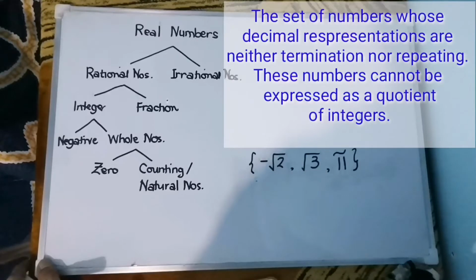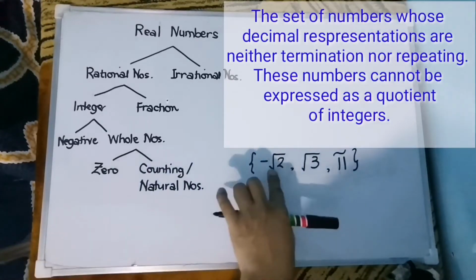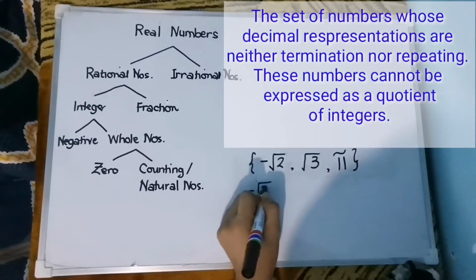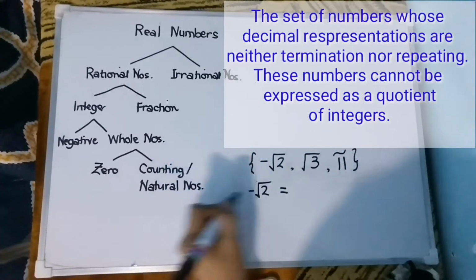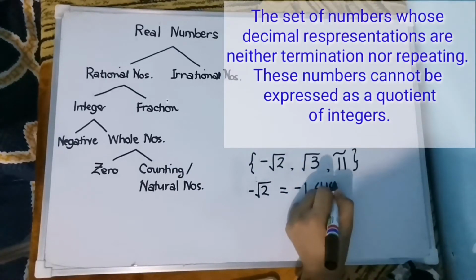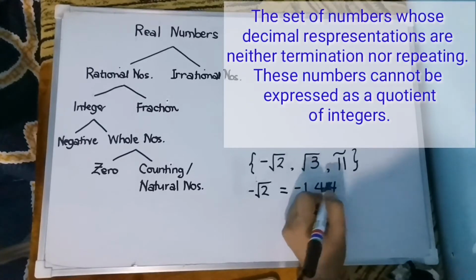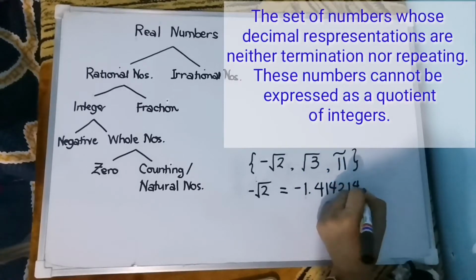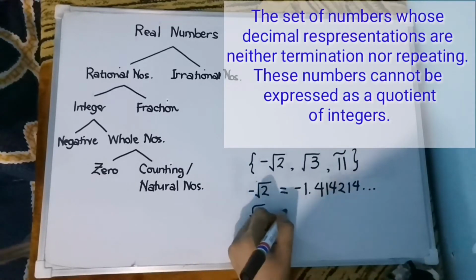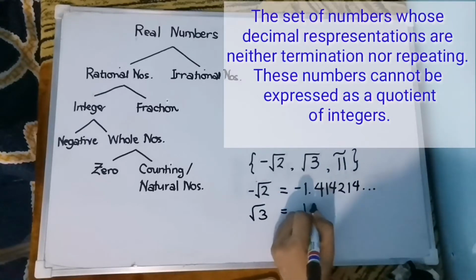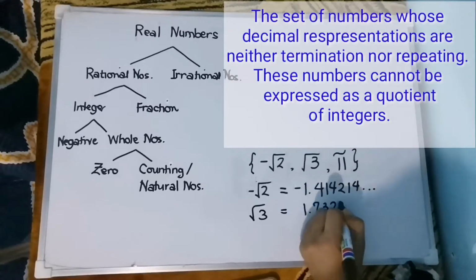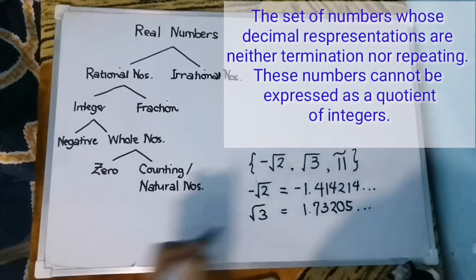So, these are examples of irrational numbers wherein yung negative square root of 2 in decimal form, that is negative 1.414 and so on. While square root of 3 is equal to 1.73205 and so on.